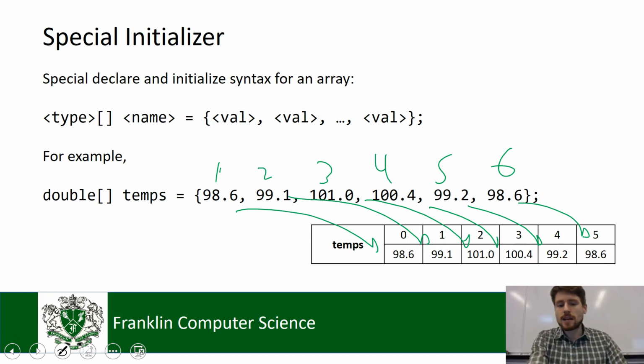And because it can count how many items you have in a row, it's going to give you the size of the list that you want it to be. Now, if I wanted to add on to this list, I could only do that in the initializer. I couldn't do it later once I've created the list. So I couldn't add a new item to the end of this. Because remember, once you've made an array, you can't change its size. It's always going to be the same size.